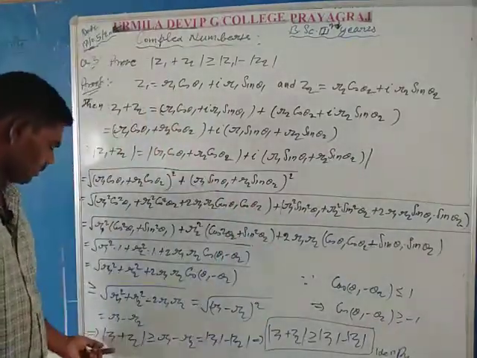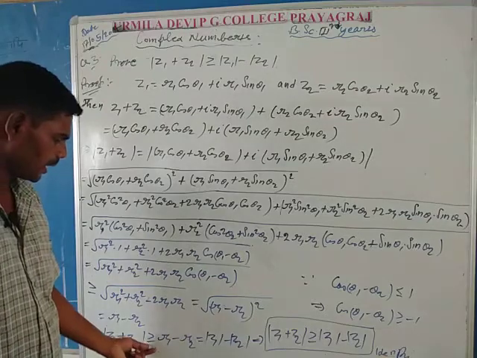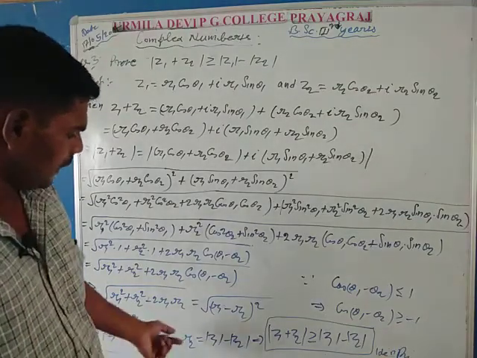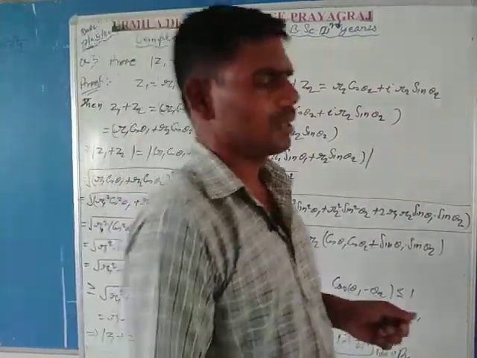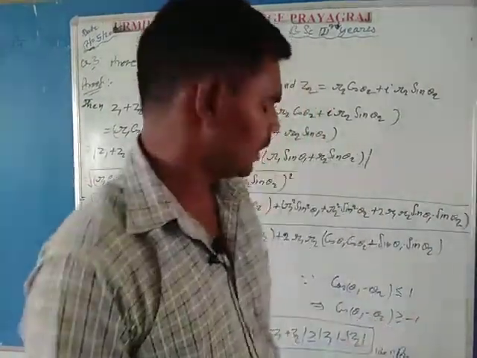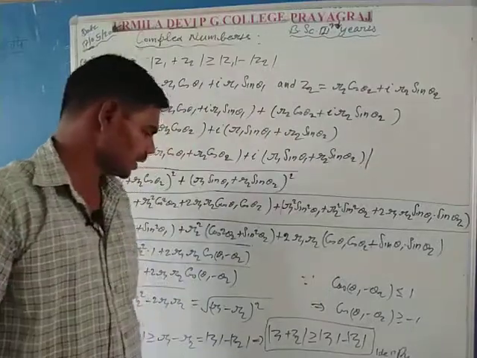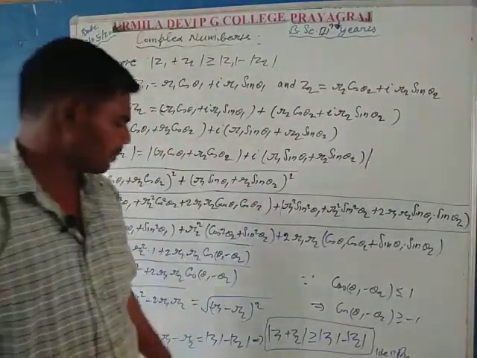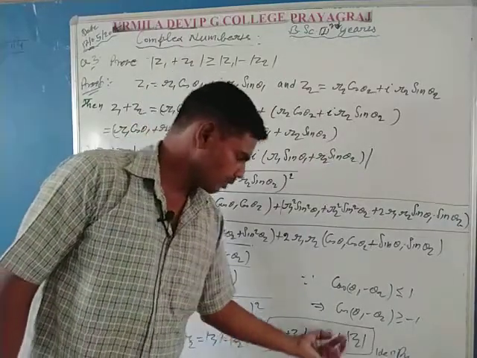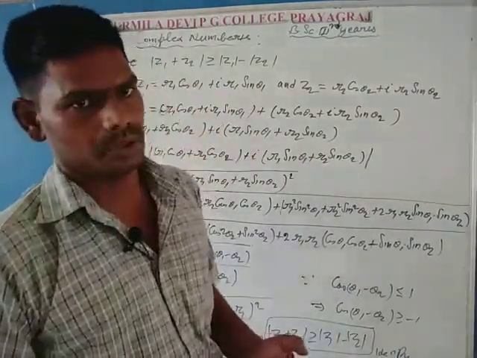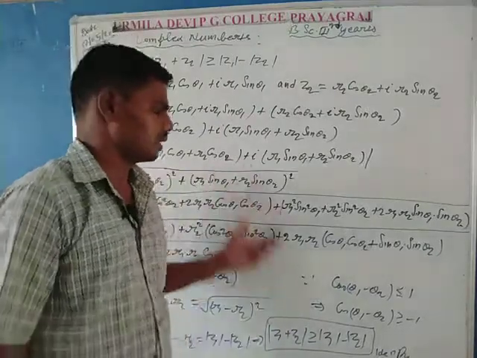Then |z1 + z2| ≥ r1 − r2, but r1 is the modulus of the first complex number and r2 is the modulus of the second complex number. So replacing r1 and r2, finally |z1 + z2| ≥ |z1| − |z2|. Hence the solution is proved.